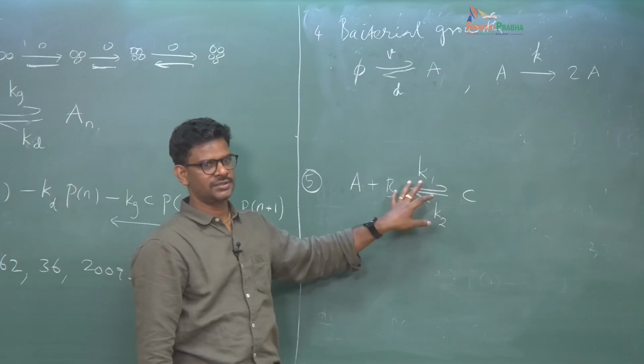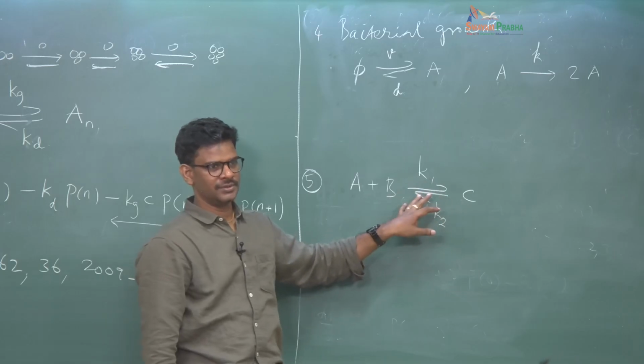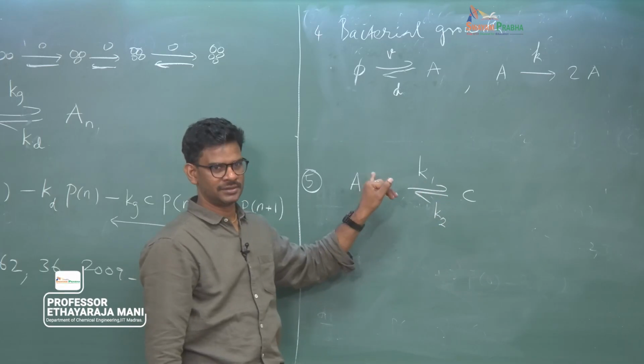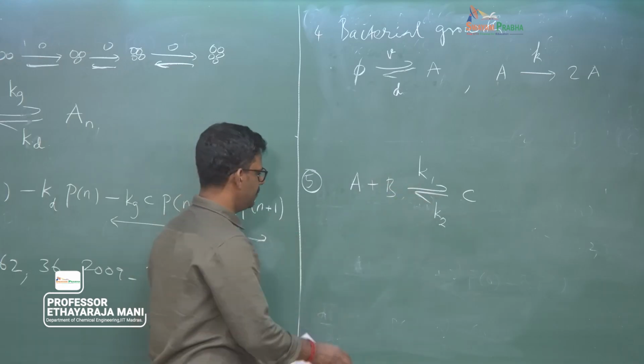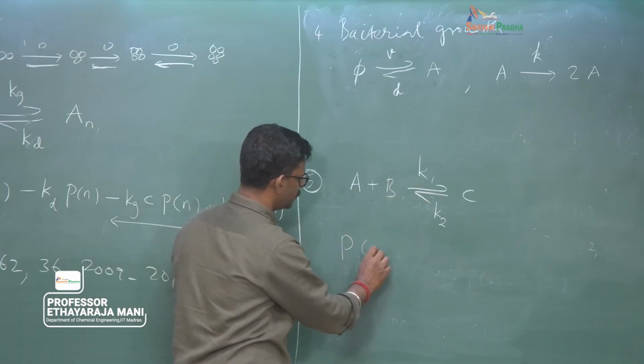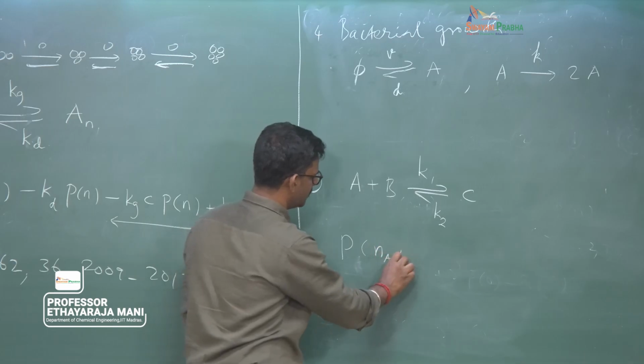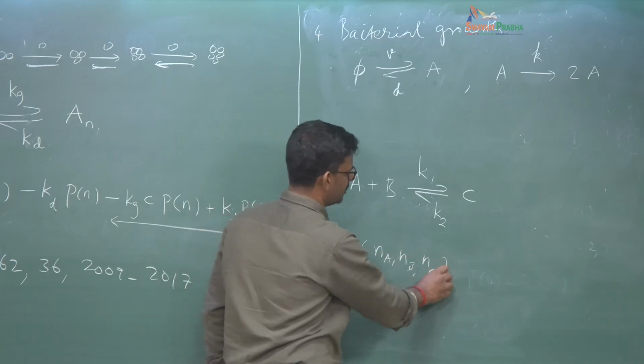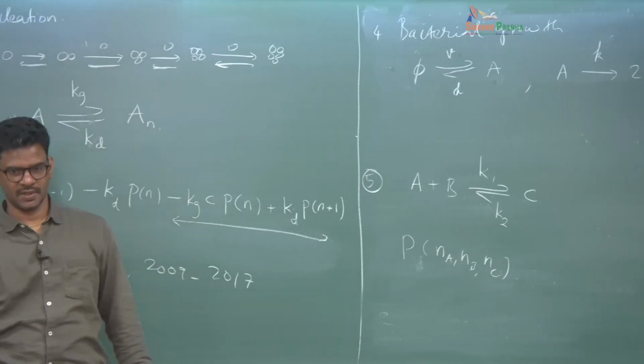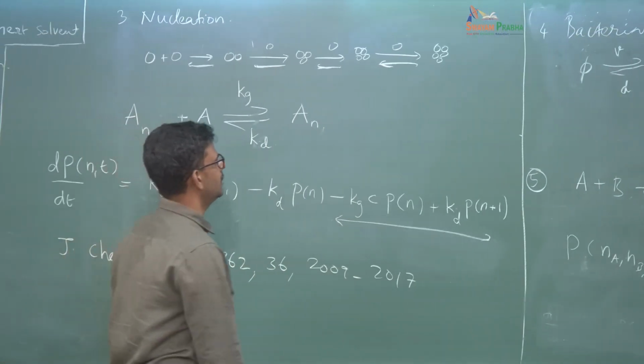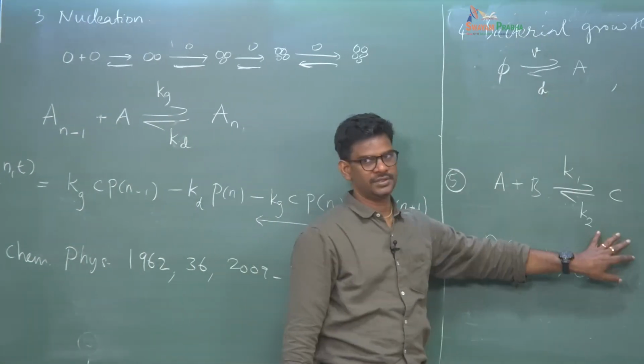So, it is going to be a 3-dimensional problem. You have to track the quantities of all. So, your probability distribution function P has to be a function of Na, Nb and Nc. So, write the chemical master equation for these 2 problems and then show your results.